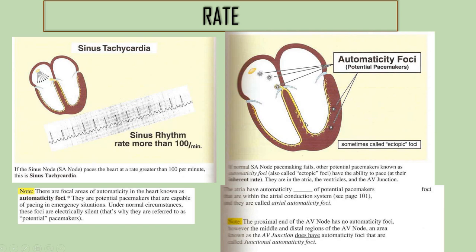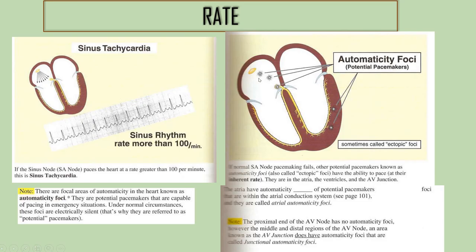They are in the atria, ventricles, and the AV junction. The atria have automaticity foci within the atrial conduction system, and they are called atrial automaticity foci.